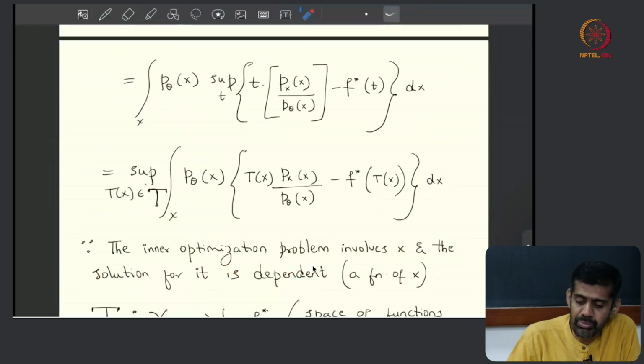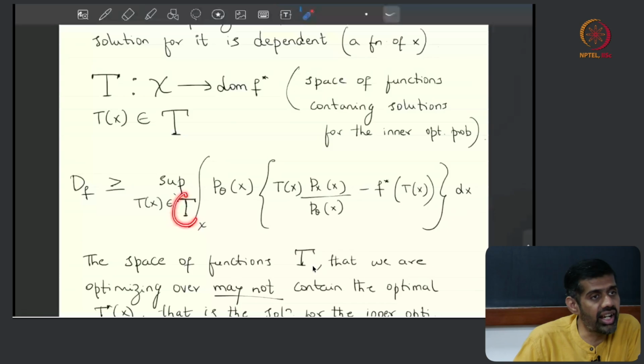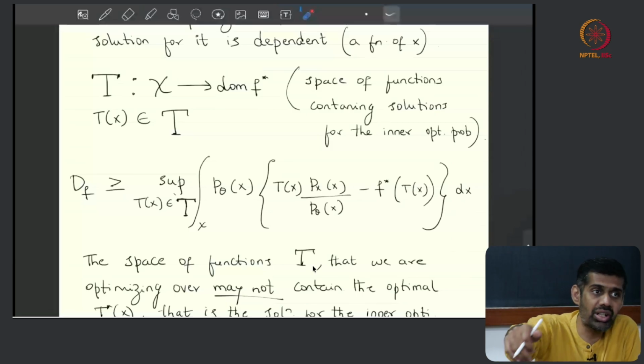This becomes an inequality the moment you assume that this script t, which is the bag of functions that you are optimizing over, may not have the solution for the inner supremum problem in a pointwise sense. That is when it becomes an inequality. So, this equality becomes an inequality because the class of functions that we are considering here may not have the solution for the inner optimization problem at all points.